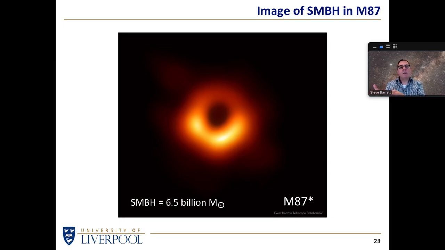Why not look in the Milky Way? Why look in another galaxy? Well, because it was deduced that the supermassive black hole in the middle of Messier 87 has a mass of not some millions of solar masses, but of 6.5 billion solar masses.